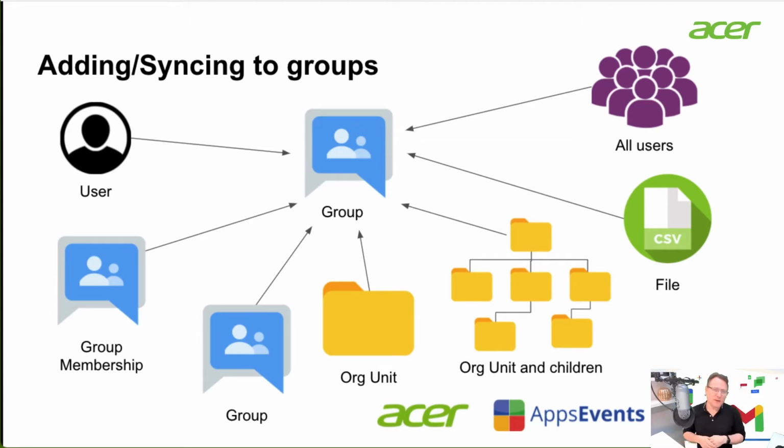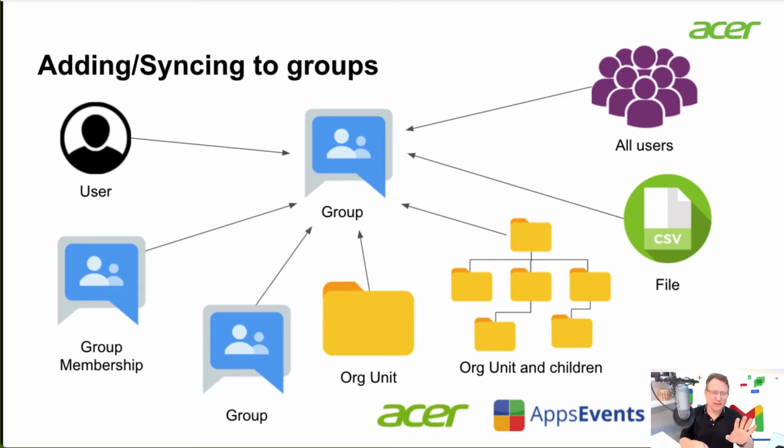But equally, if you have a hierarchy of organizational units in your Google Workspace domain, if you have an organizational unit and its children, you can sync to this group from everyone in it and the child OUs as well. An example there would be if your OUs were set up with the year of students, and then below that you had individual classes.